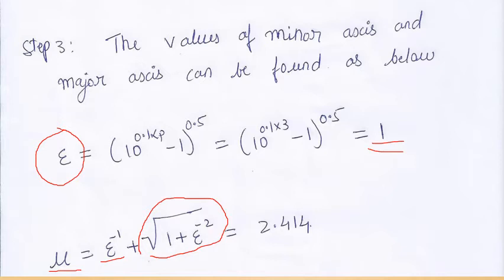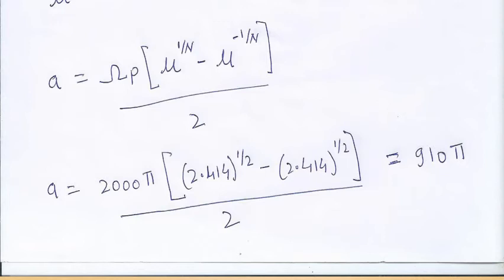Once we substitute the value of epsilon in this equation for mu, we get mu as 2.414. Once we have the value of mu, the next step would be to compute the major and minor axis of the ellipse.